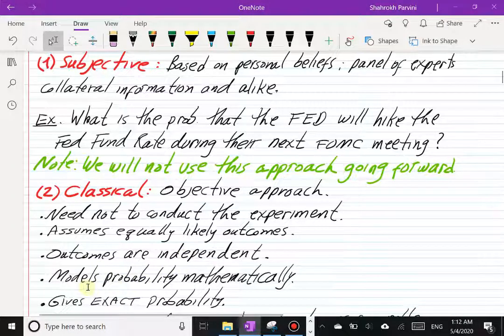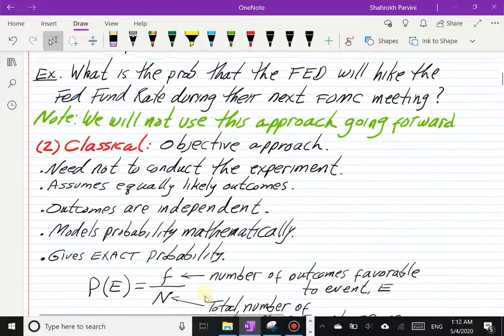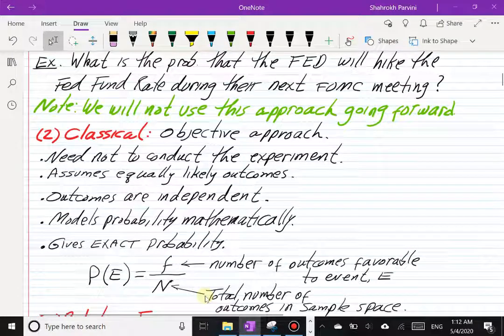And the classical approach models probability mathematically. And this is important. If we can model things, then we get exact probabilities. And by exact, I mean just that. It is not based on a sample. I'll clarify this idea of exact probability in a few minutes when we look at the next approach. So having said all that, how do I find probability?